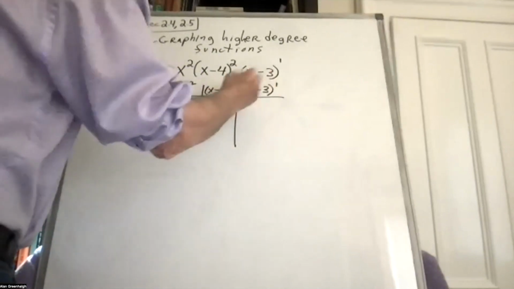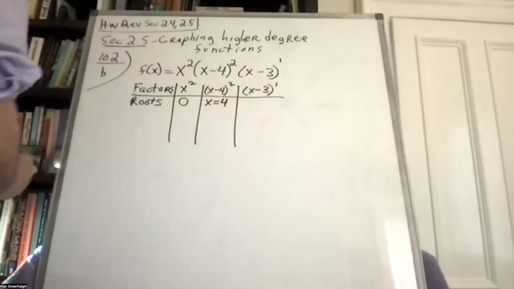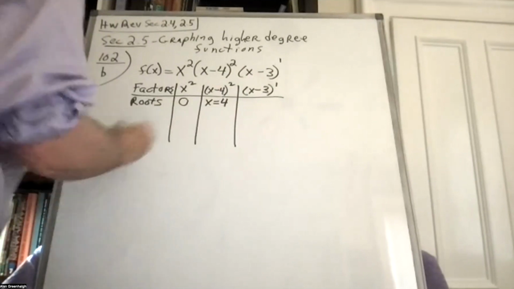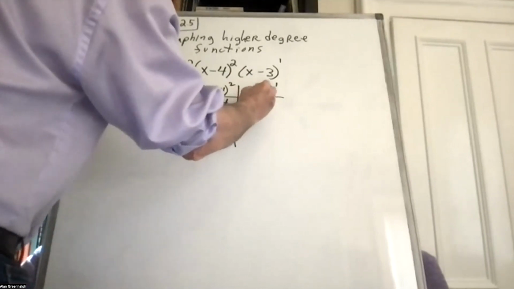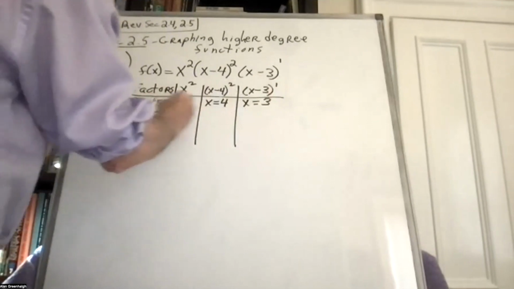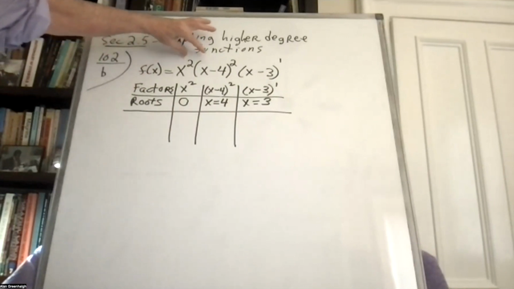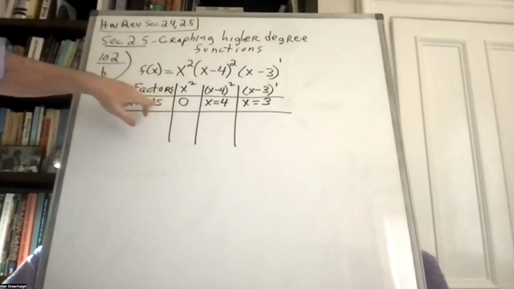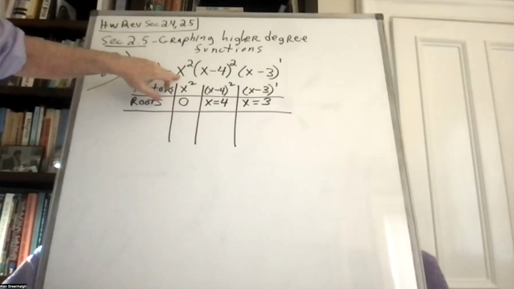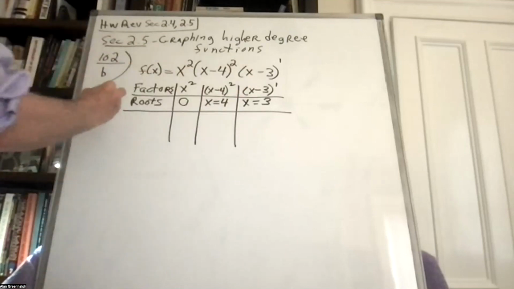X minus 3 equals 0. Okay. X equals 3. These I get from here. The roots I get from setting each factor equal to 0.